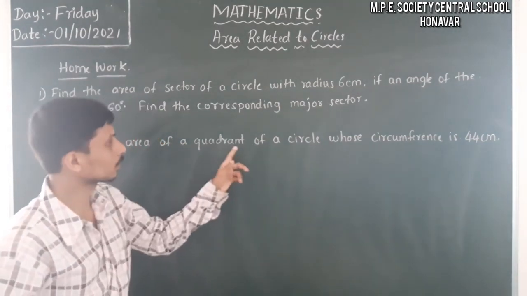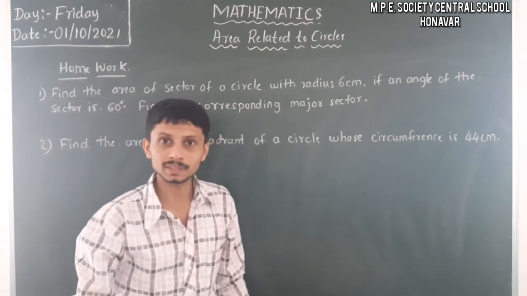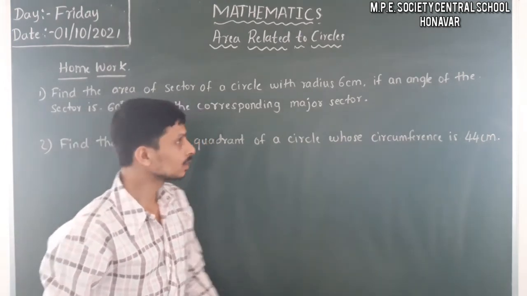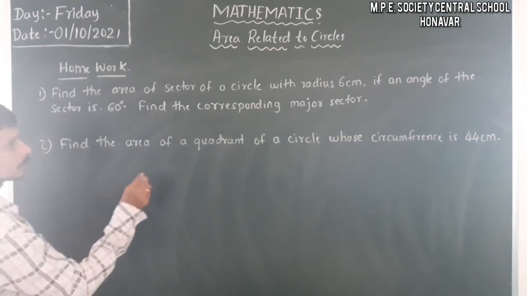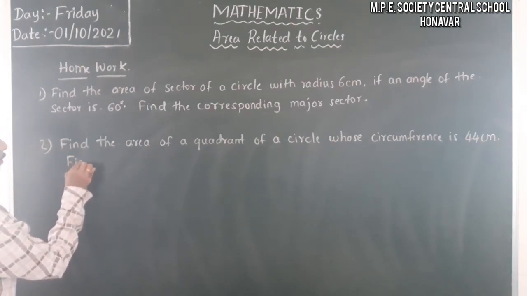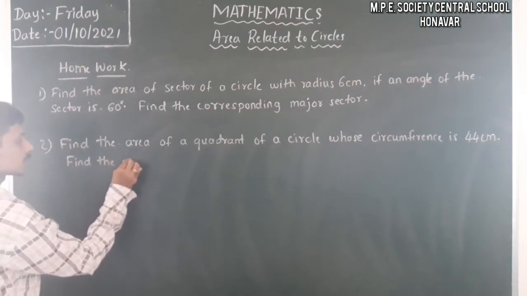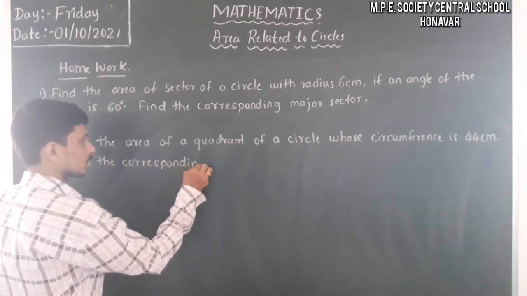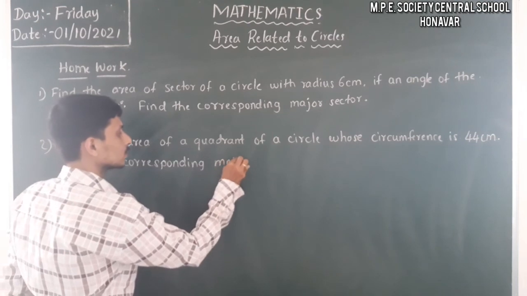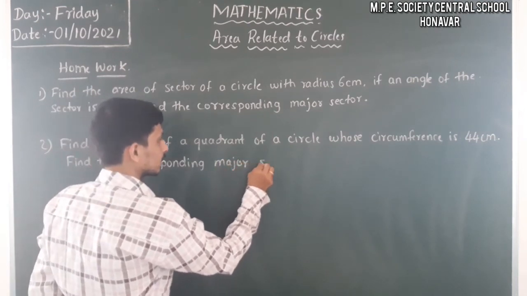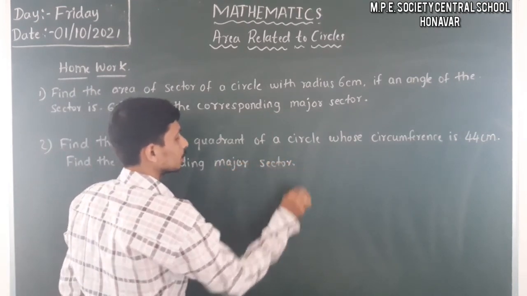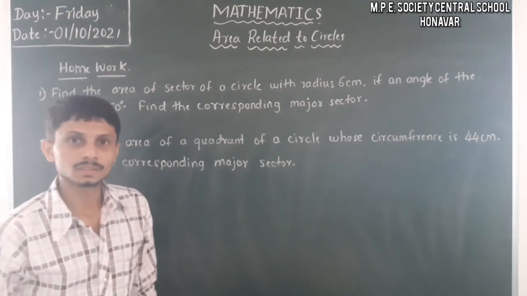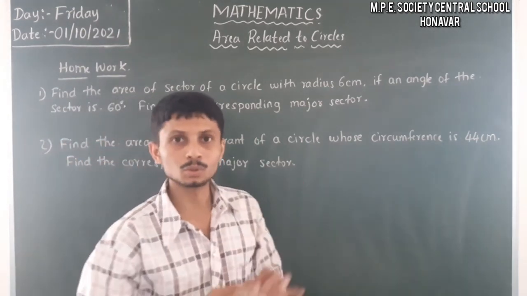So find the area of a quadrant of a circle whose circumference is 44 cm, and also find the corresponding major sector of this circle. So I hope you understood this, solve these two problems.